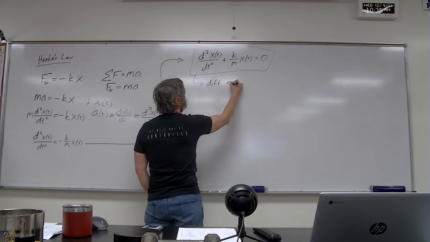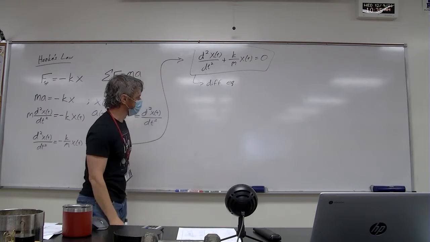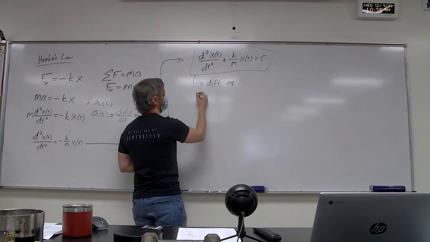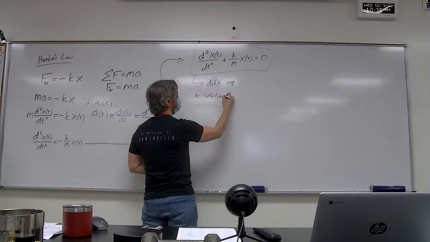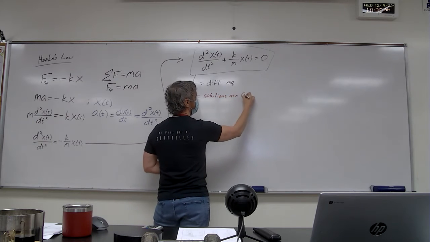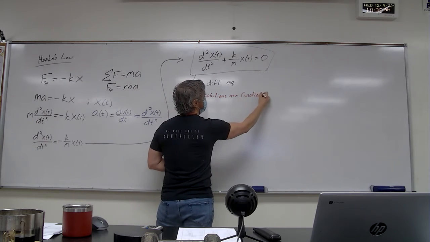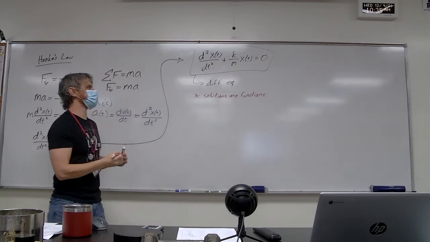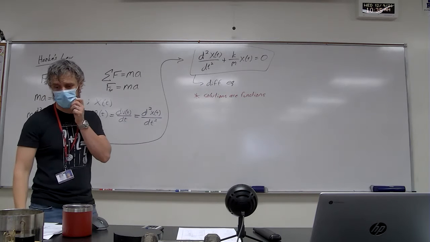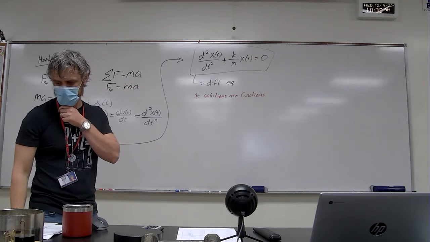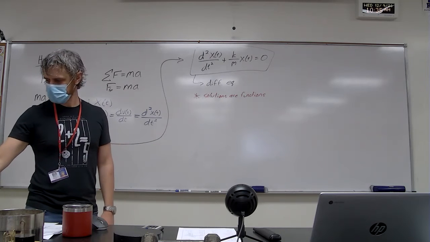Eventually, you'll be calling them diff EQs. The solutions to diff EQs are functions. And so our solution to this differential equation is a sinusoidal function. It could be either sine or cosine. Sound good? Okay.